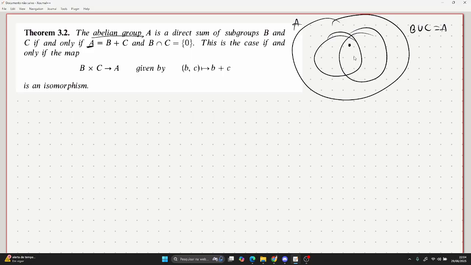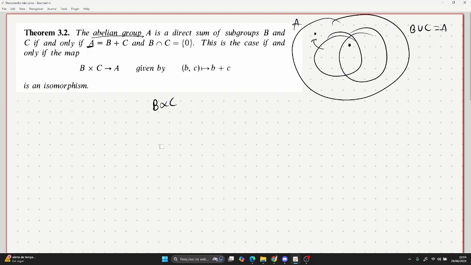We saw why it needs to be surjective: otherwise, there would be some elements in A that you couldn't decompose, because simply you couldn't write them. So B and C wouldn't give a unique sum, because there would be some elements of A that you couldn't write as a sum of B plus C.